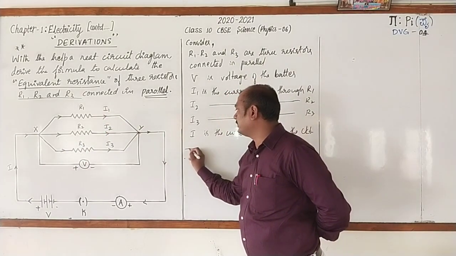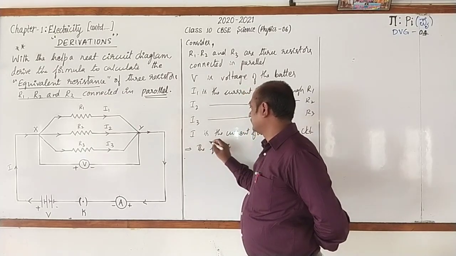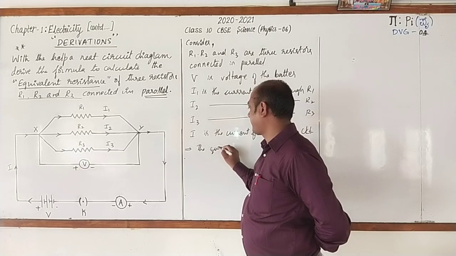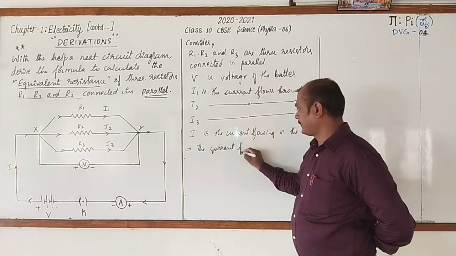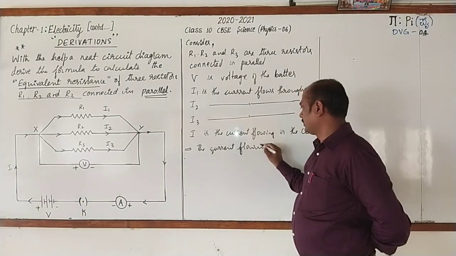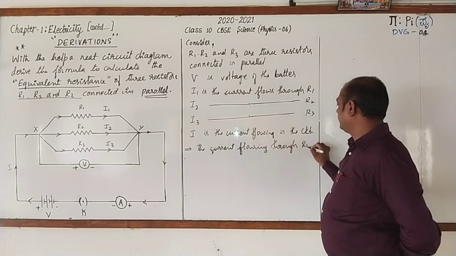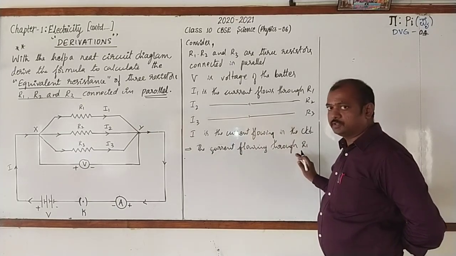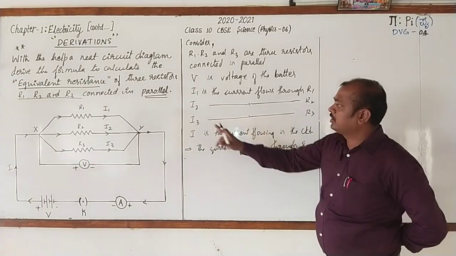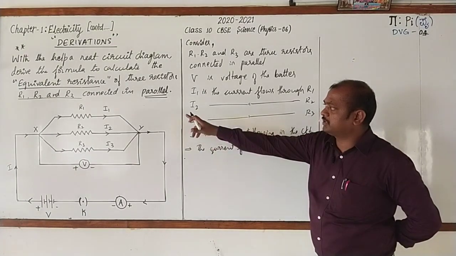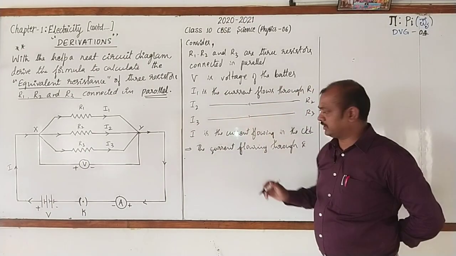Here I will write the same. The current flowing through R1, R2 and R3 is to be written as I1, I2 and I3. That has been already written here.